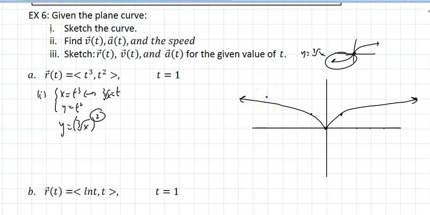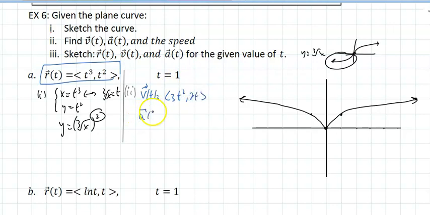Now, notice I'm not really putting in the direction yet. And I'm going to show you why. This is part I. Now, for the second part, I would say, all right, well, velocity, that's the derivative of this. What's the derivative? The derivative is 3t squared and 2t. Acceleration, that is 6t and 2.